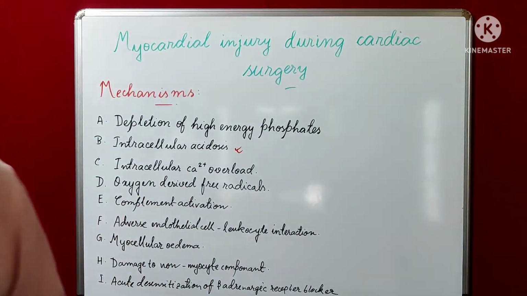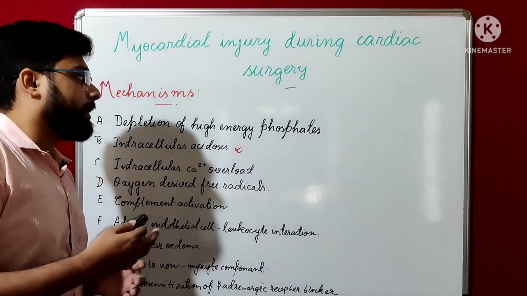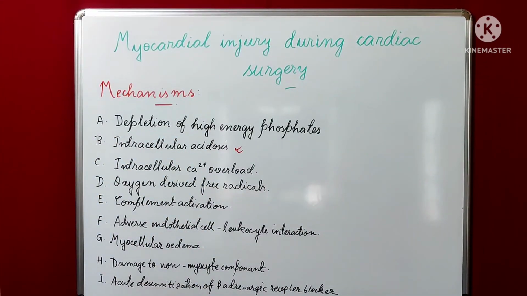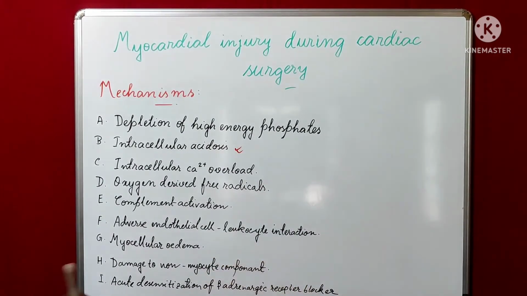Now the last is the consequences of ischemia reperfusion injury. That means, what happens due to ischemia reperfusion injury. At first, what occurs is acute myocardial ischemic injury and rapid functional deficit.